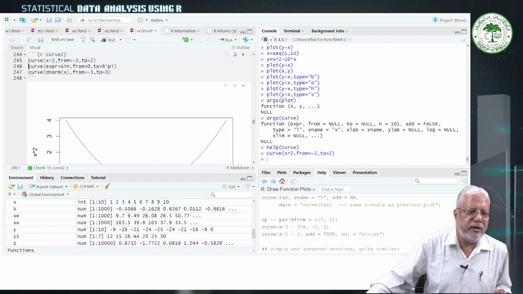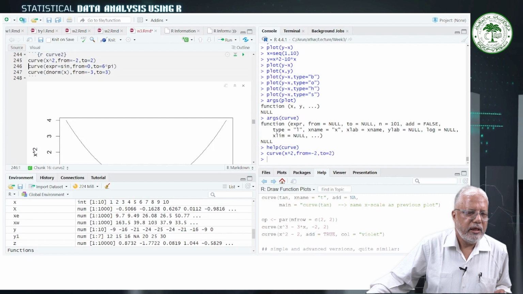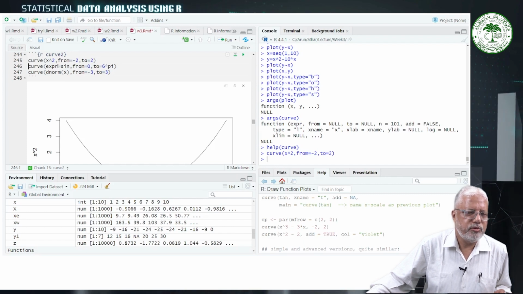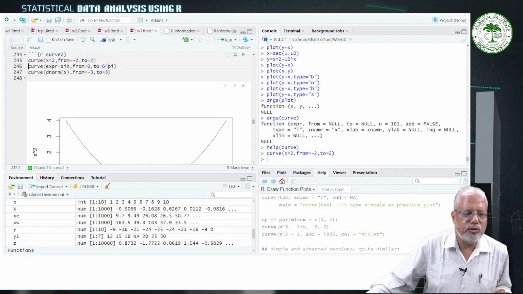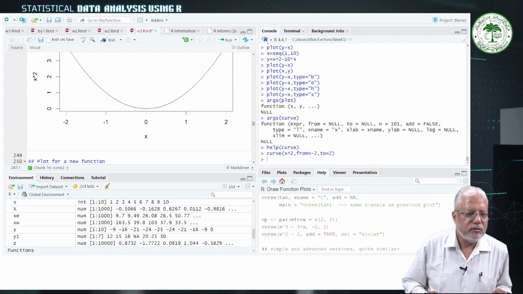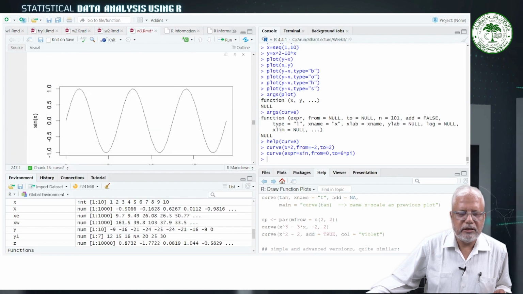Similarly, if we want to plot a sine curve, expression is equal to sine, from is equal to 0, to is equal to 6 pi. So here this is the sine curve which we are getting.